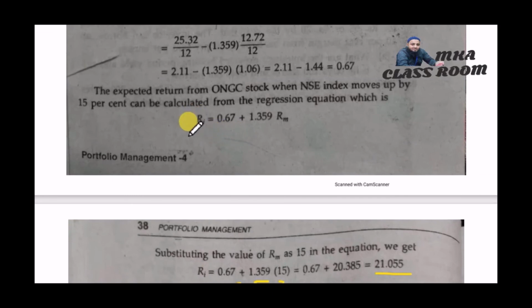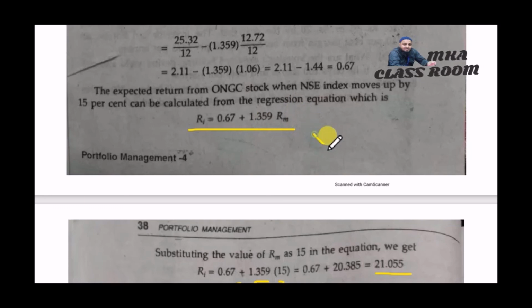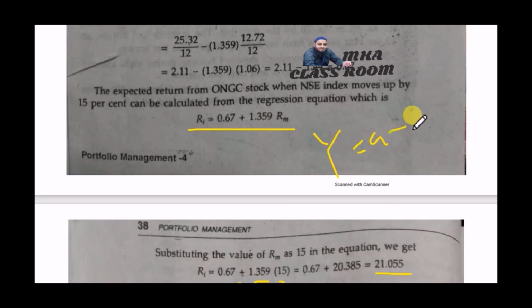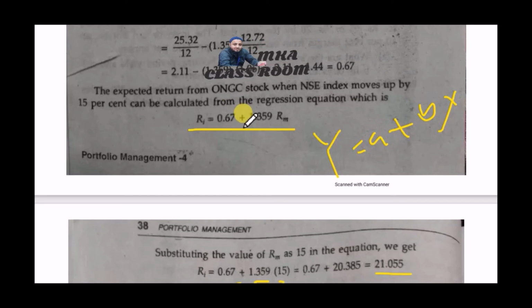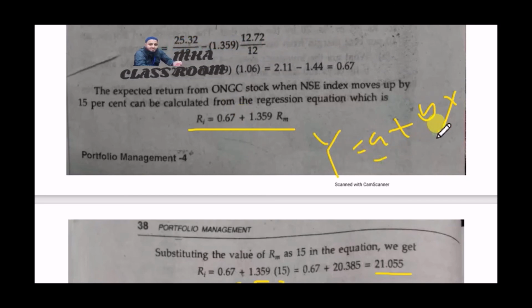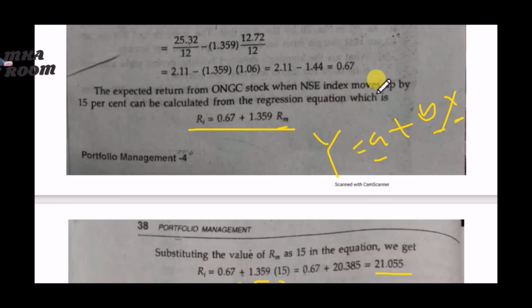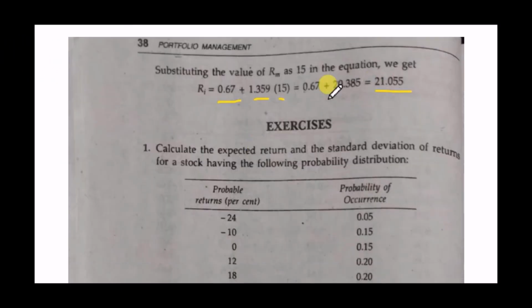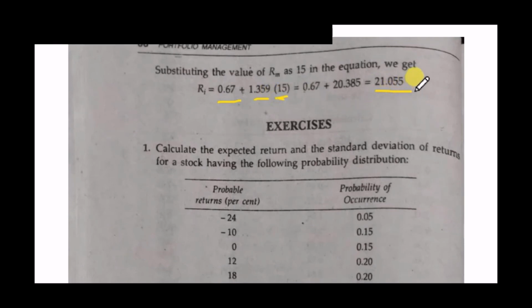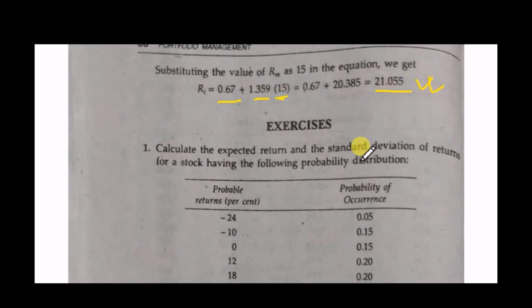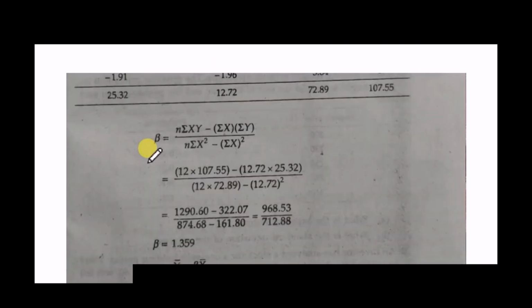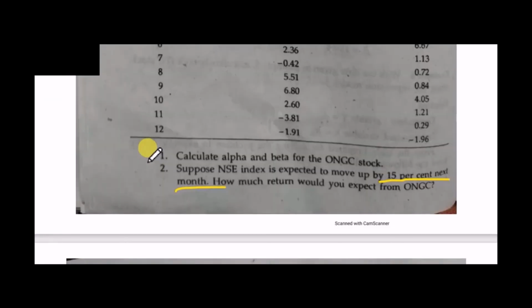Here is the model Rj equal to alpha plus beta into Rm, whatever we said, a plus bx. That is the model. Alpha's value, beta value, and Rm should be changed by 15%. That should be 21.055. So this example 7 is also your homework.